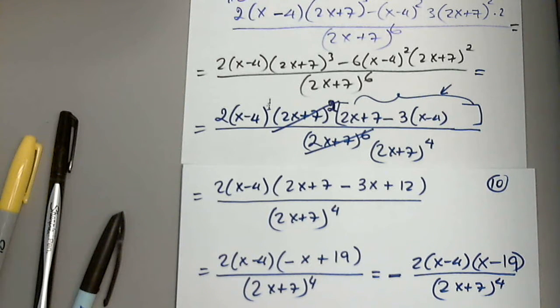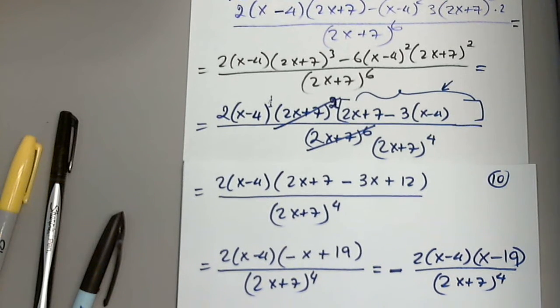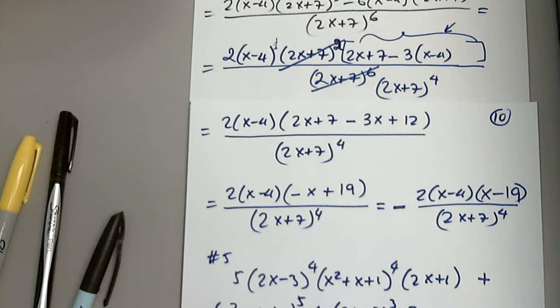So 5, 2x minus 3 to the 4th, x squared plus x plus 1 to the 4th, 2x plus 1, and plus x squared plus x plus 1 to the 5th, 4, 2x minus 3 cubed times 2. Of course, I'm going to ask the same question again.